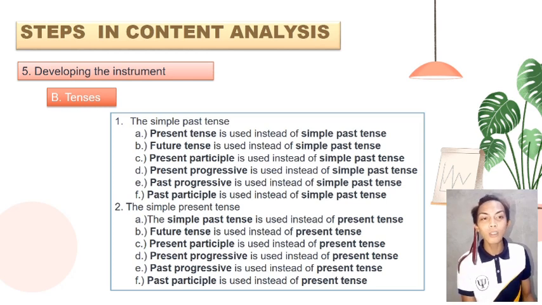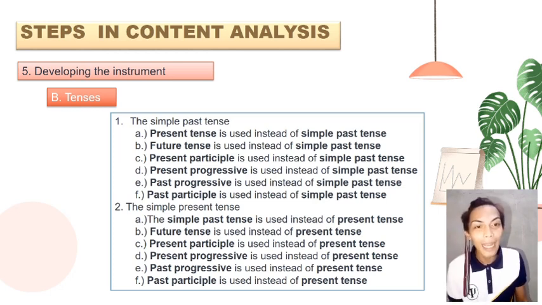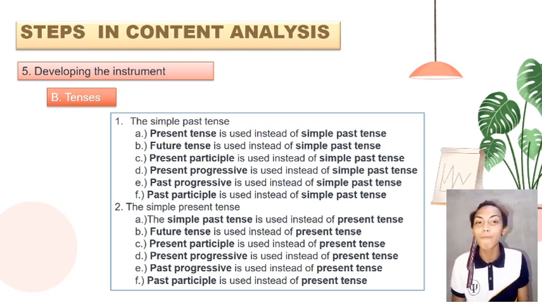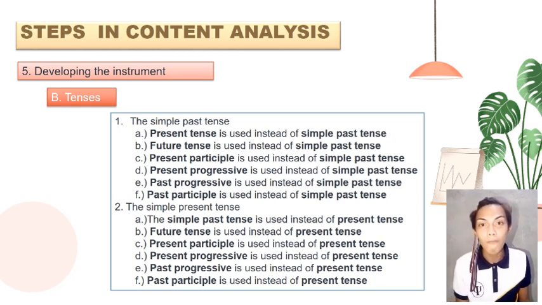Future tense is used instead of present tense. Present participle is used instead of present tense. Present progressive is used instead of present tense. Past progressive is used instead of present tense, and past participle is used instead of present tense.